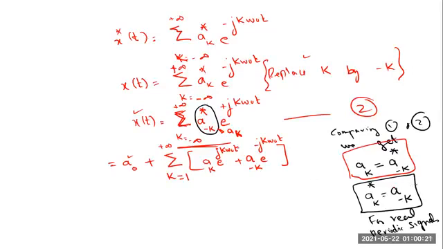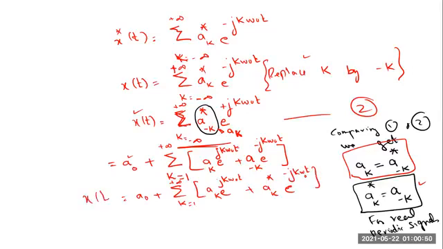Now we have already proved this thing that a minus k is equal to ak conjugate. So this a minus k can be replaced by ak conjugate. And now you can clearly see that the two terms inside these square brackets are complex conjugate of each other.